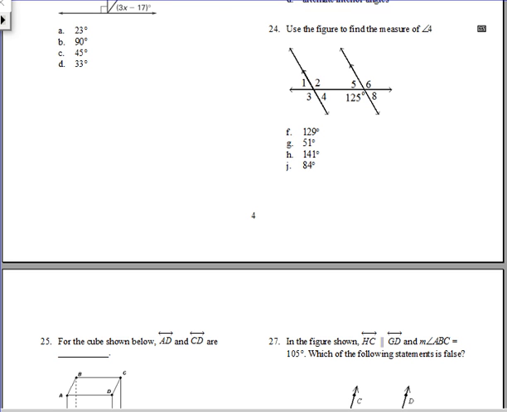24, find the value of number 4. So we know that consecutive, let's write this down. Consecutive interior angles are equal to 180 degrees, okay? If you don't remember that theorem, then you need to review that. But we know that anything that's consecutive interior has to equal 180 degrees.